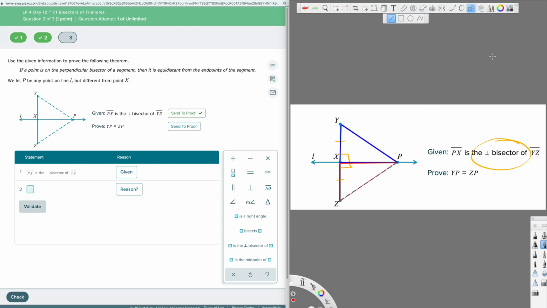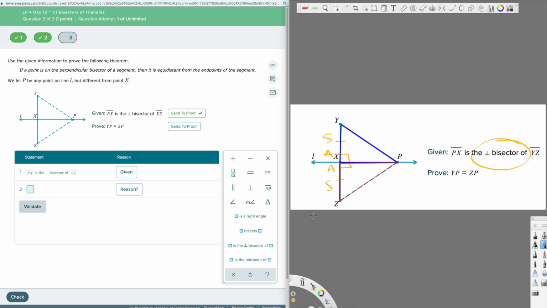So if we're looking at the blue triangle and the red triangle here, we already have side, angle, side, angle. And remember, we have those four ways: we can do side angle side, side side side, angle side angle, or angle angle side. Those are our four ways to prove triangles congruent.